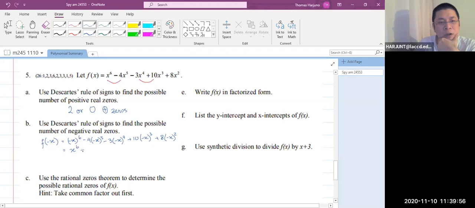If it has an odd exponent, the sign of the coefficient will change. Then, how many times does the sign change? 1, 2. Okay, so there will be 2 or no negative zeros.